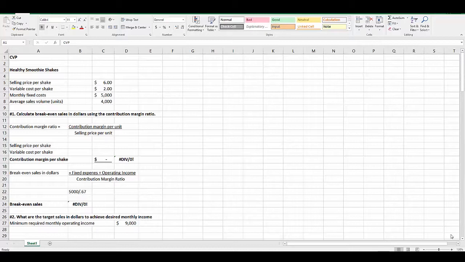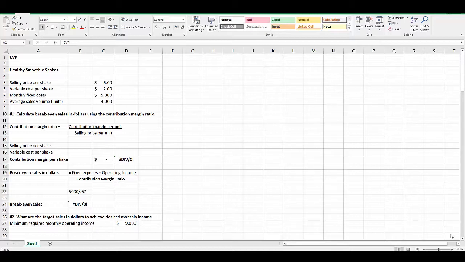So the idea behind it is when you calculate your contribution margin, which is your selling price less your variable cost, that is contribution margin.